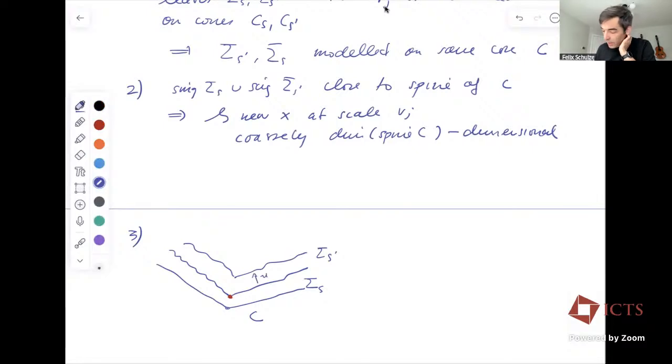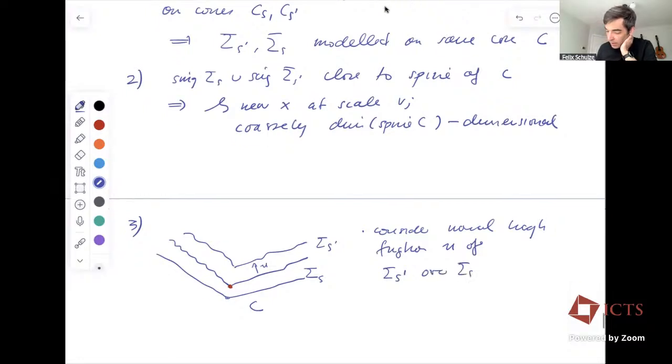We write sigma s prime as a normal graph over sigma s. Okay, so consider the normal height function u of sigma s prime over sigma s.